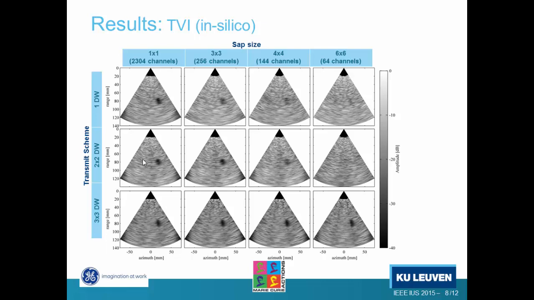Again, for the case of single diverging waves and big SAPs, we see a degradation of image quality. We don't see this cyst anymore in this case. And as we move towards this direction, we are able to improve image quality, and we can get very competitive images, especially in this region, where we have moderate SAP sizes and moderate diverging wave opening.